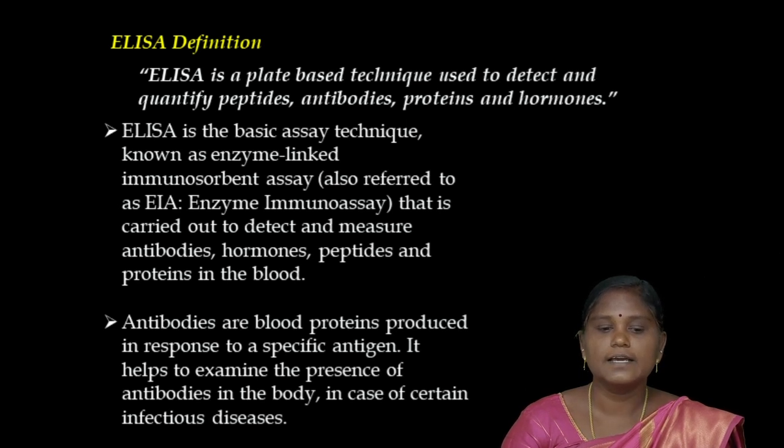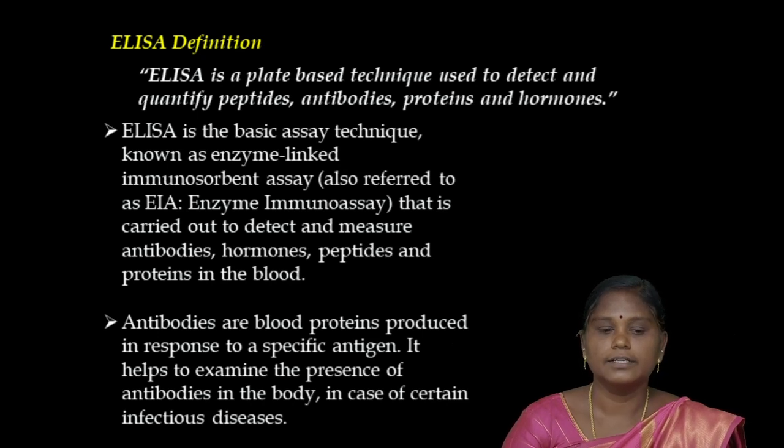This basic assay technique, known as enzyme linked immunosorbent assay, is also referred to as EIA, enzyme immunoassay, carried out to detect and measure antibodies, hormones, peptides and proteins in the blood.